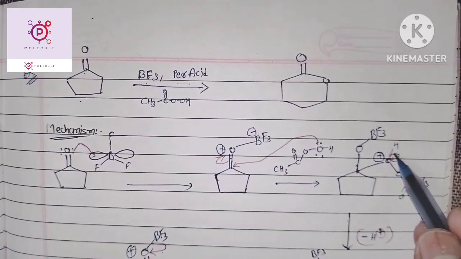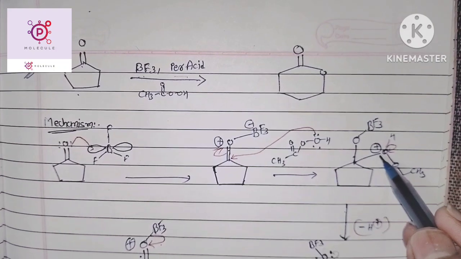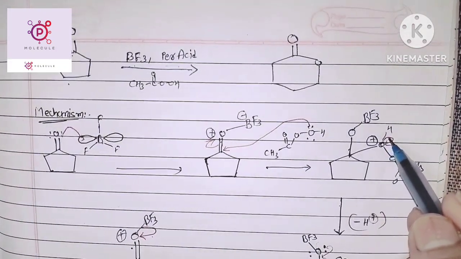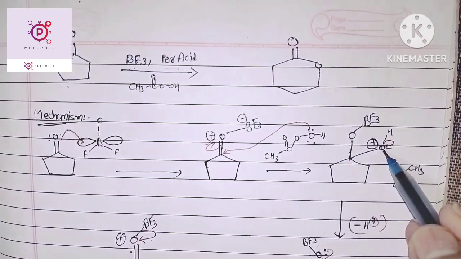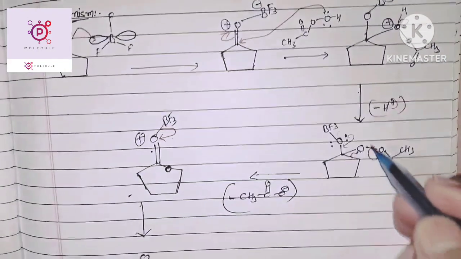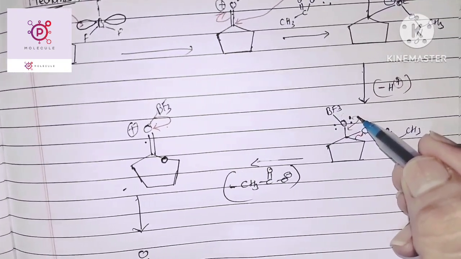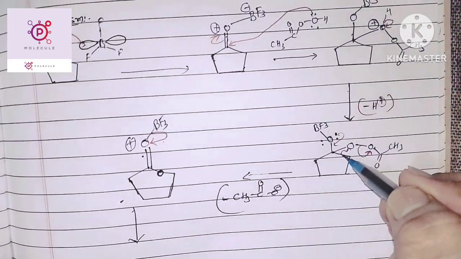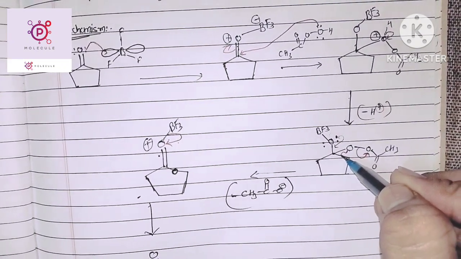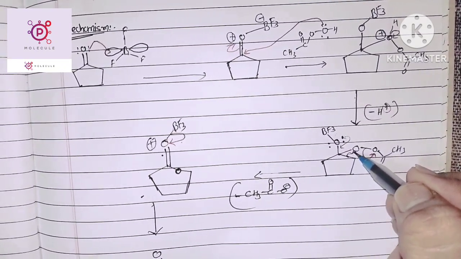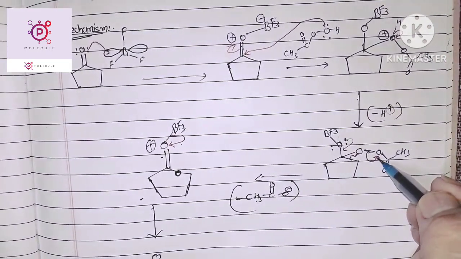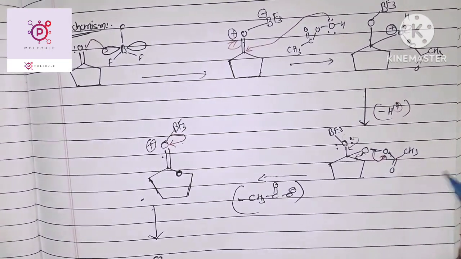Then here the oxygen plus will be unstable, so this sigma bond neutralizes and releases the H plus ion, and this lone pair converts to a double bond, and this alkyl ring expansion will occur, and this single bond attacks the oxygen, and this sigma bond is broken and the oxygen has a negative charge.